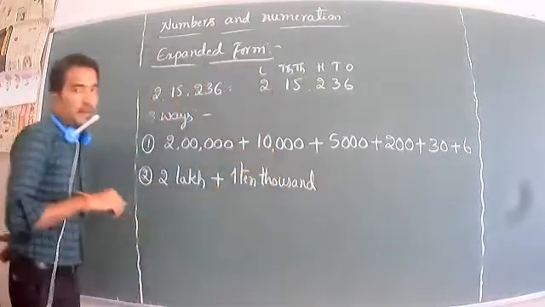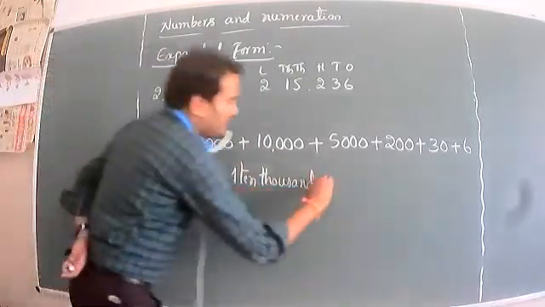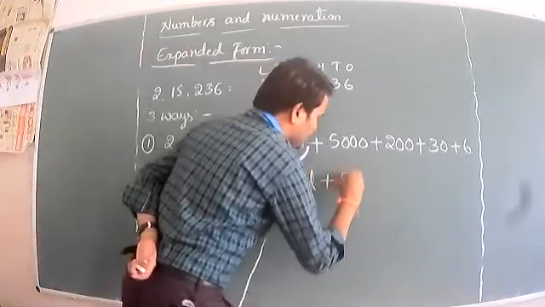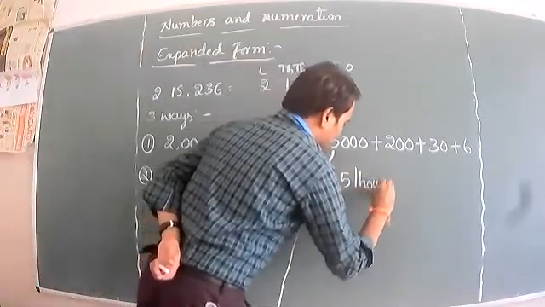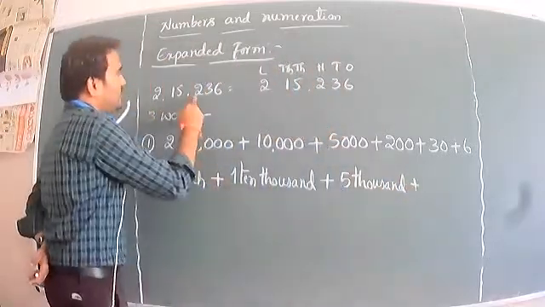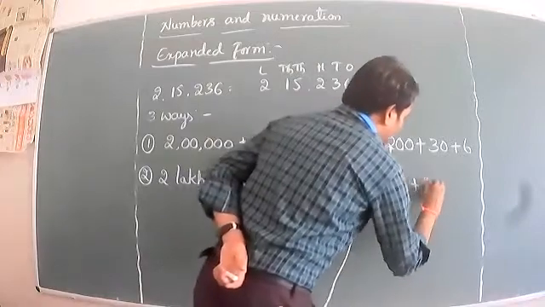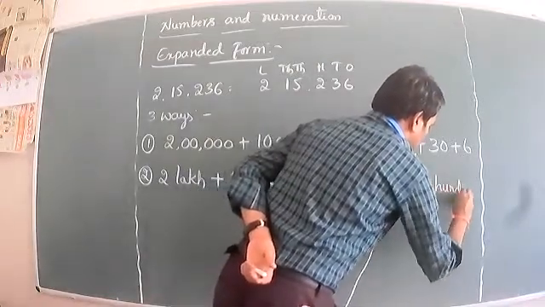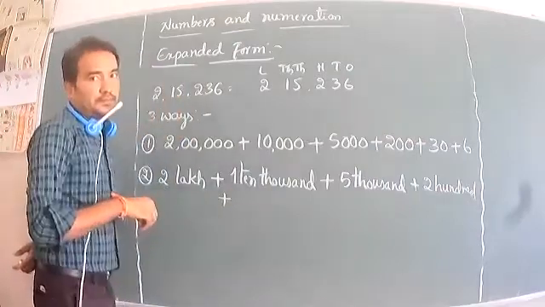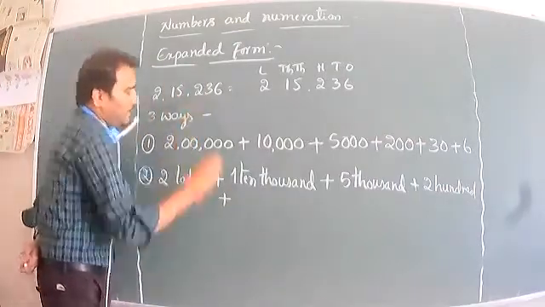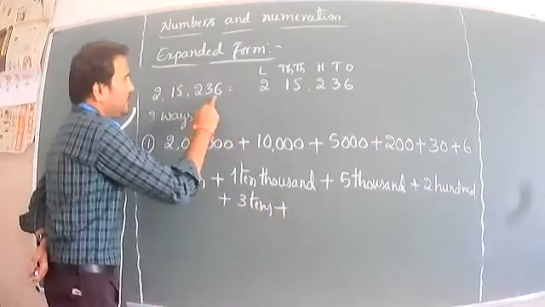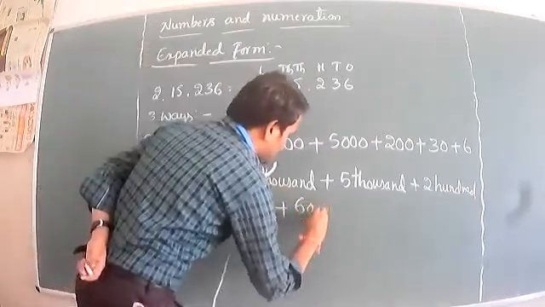Next, 5 thousand, plus 2 hundred, plus 3 tens, plus 6 ones.